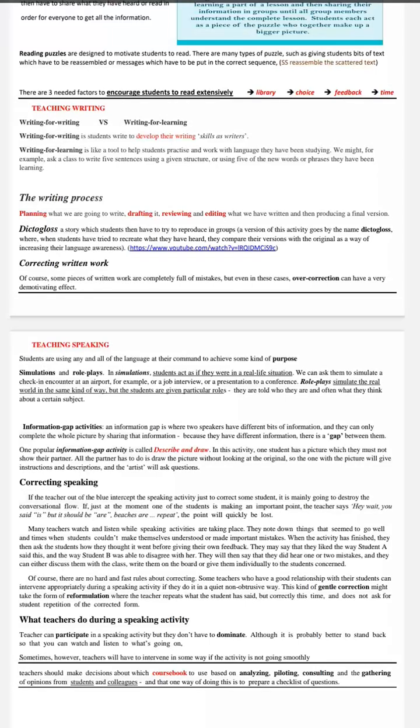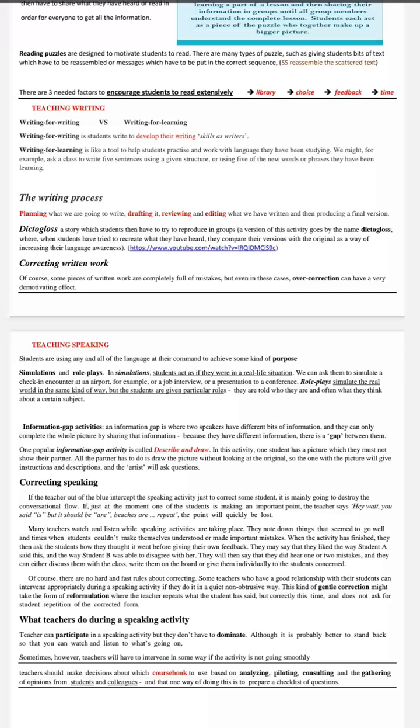When the activity has finished, they then ask the students how they thought it went before giving their own feedback. They may say that they like the way students said this and the way a student was able to disagree politely.